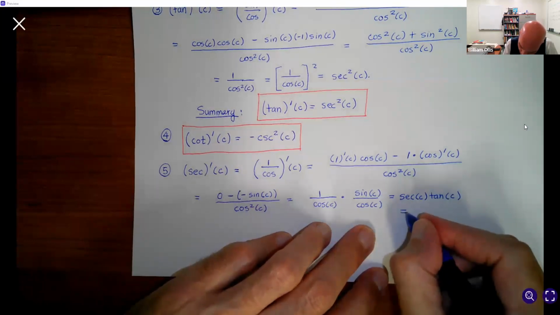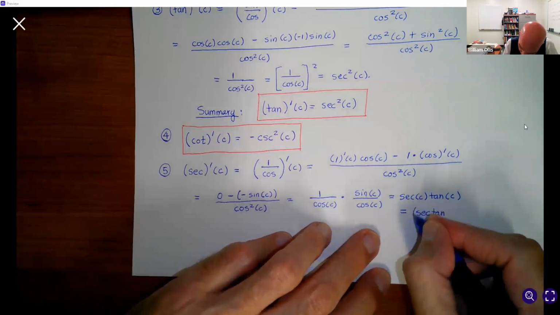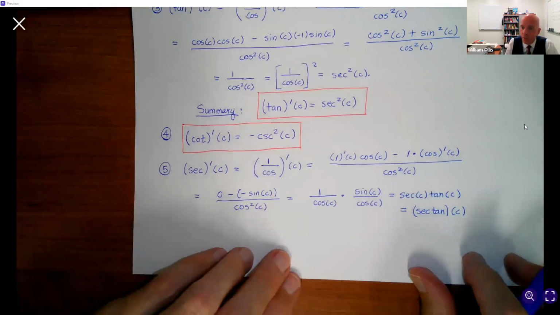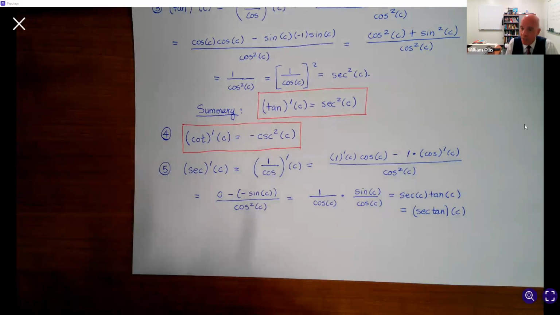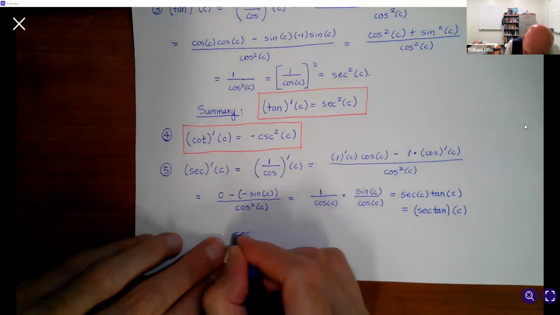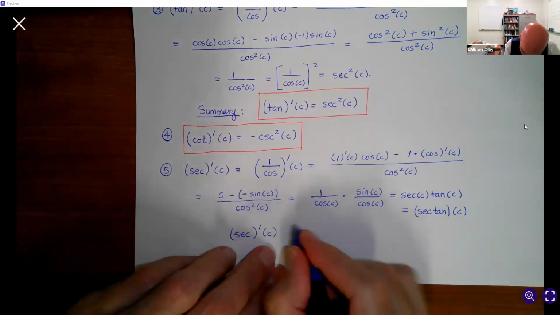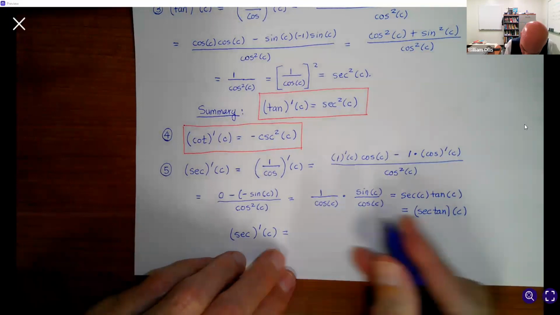So we could just write this as the function secant tangent evaluated at C. So the key here is that this is the primary way you see the derivative of secant. It's written as secant tangent. So we'll just write that down. So the derivative of the secant function at C is just the function secant times tangent evaluated at C.